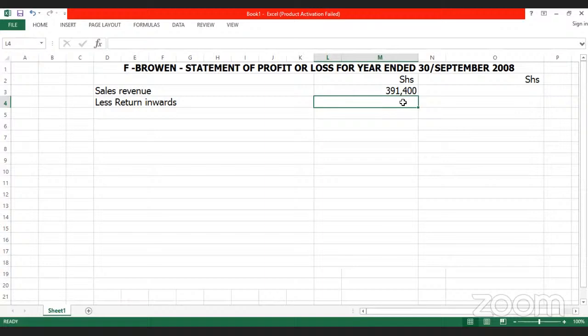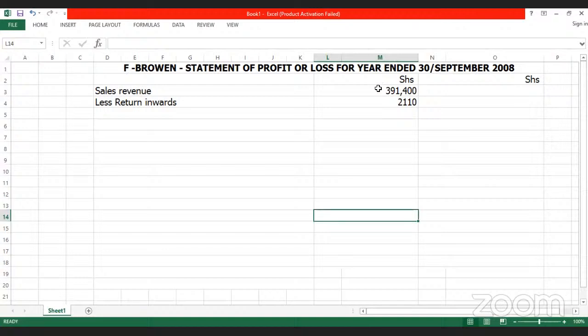Do we have the sales returns or return inwards? Yes, we have return inwards. How much are the return inwards? 2,110. Those are the return inwards.